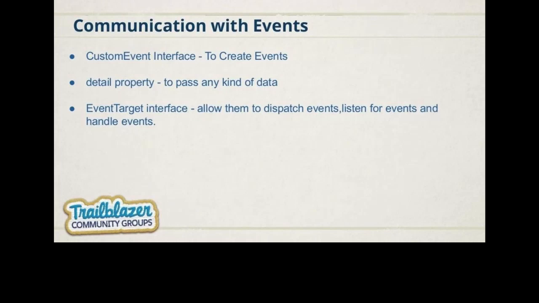Using that, the first constructor you need to use is the custom event. This constructor enables you to create a custom event for your own functionality or features. Once you call that, the second thing you need is the detail property. The detail property is used when you want to send data using events.